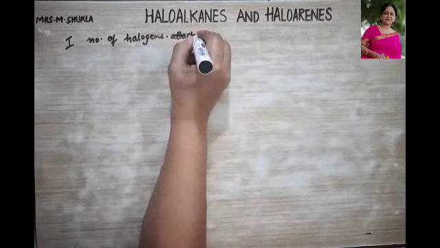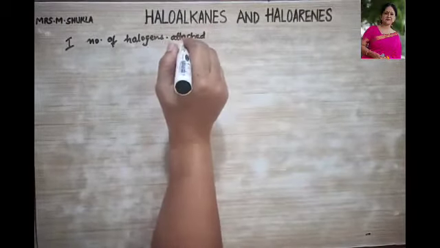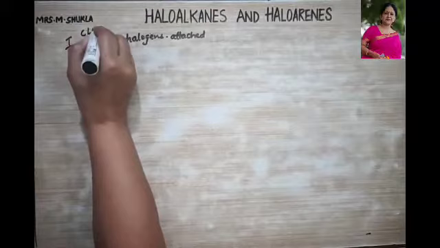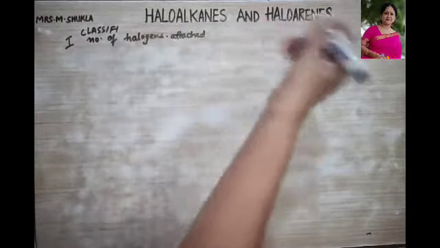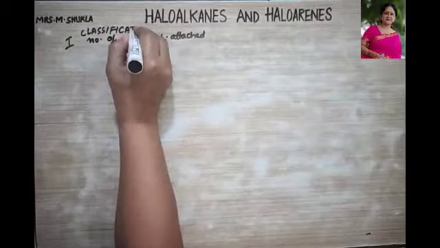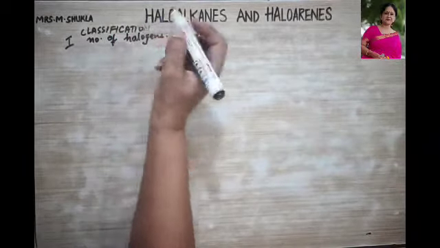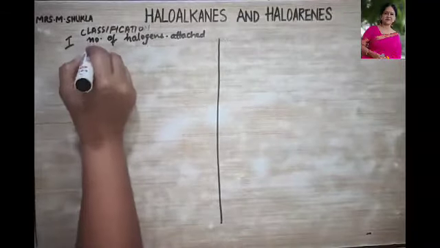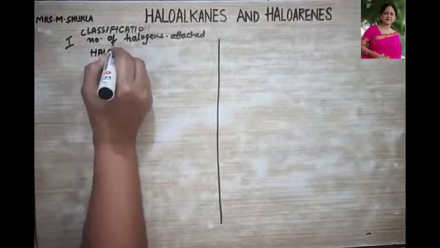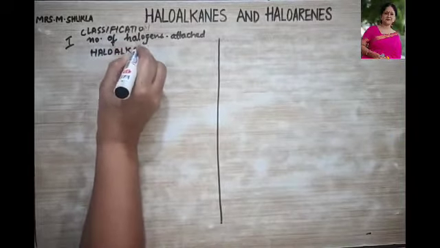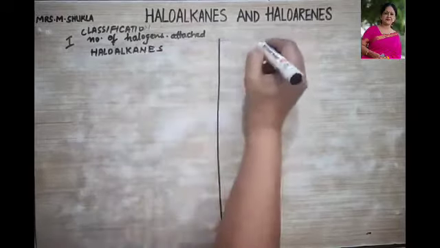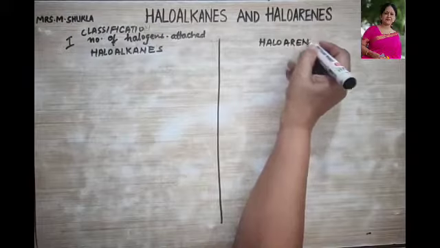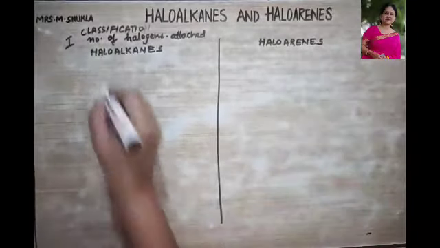In this first video, I'm going to explain the classification of both haloalkanes and haloarenes. Here it will be about haloalkanes, and this side I am going to talk about haloarenes. This will be clear to you, then preparation will be easier.